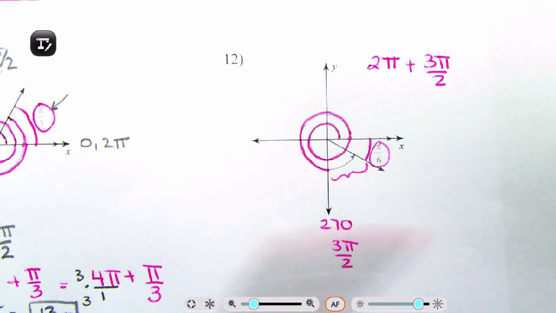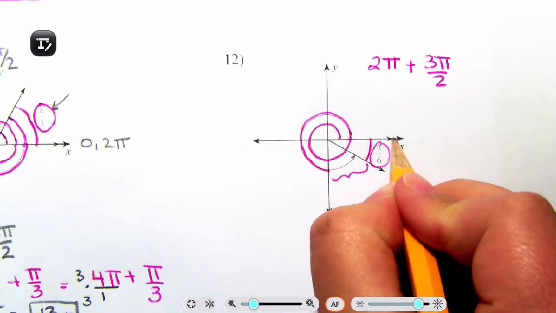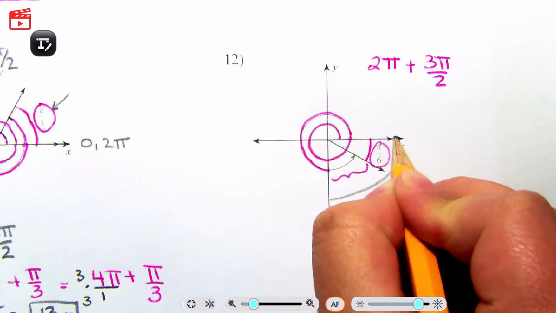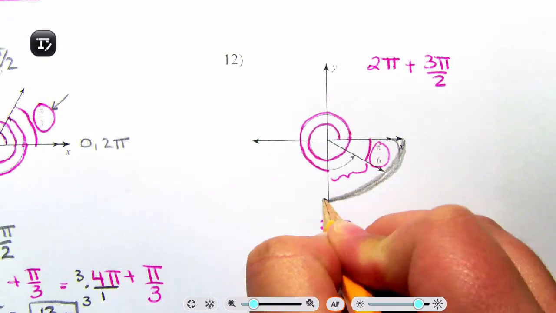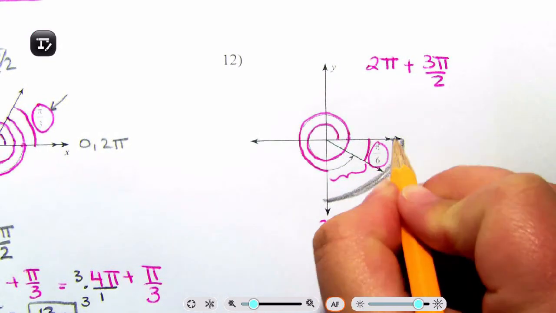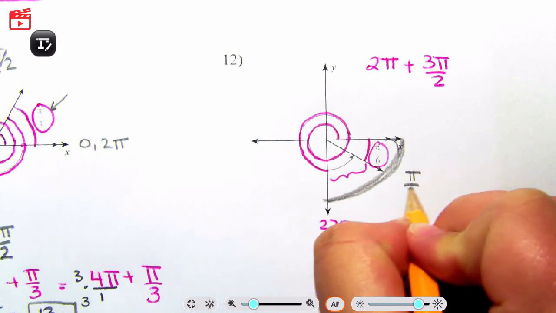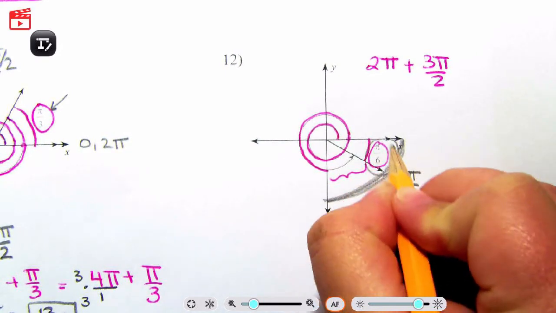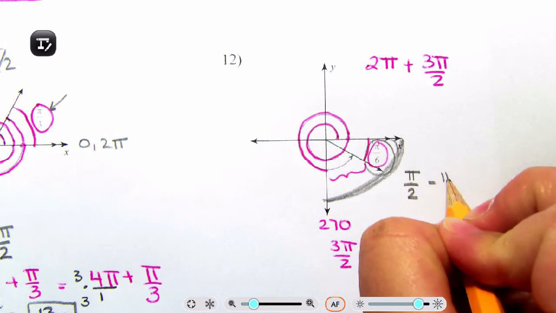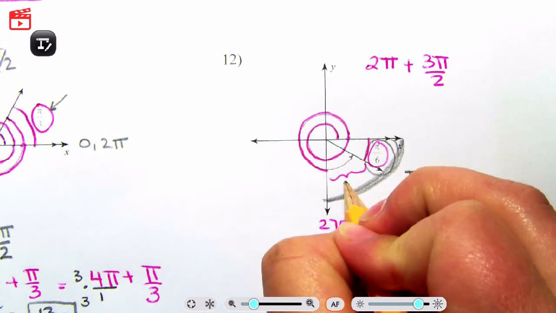So this is where you need to go back and think, well, what is 1/4 of a circle in radians? If we know 1 full circle is 2 pi, half of a circle is pi, 1/4 of a circle is pi halves. So that means that this full angle is pi halves. We know that this section is pi sixths, so I need to find out what this one is.